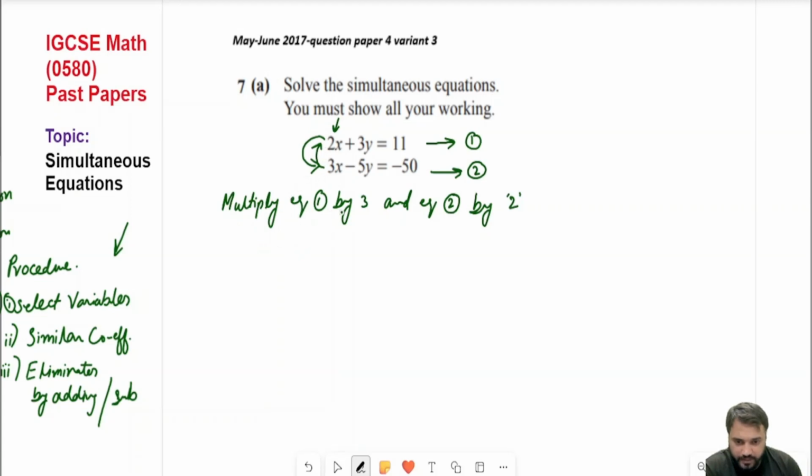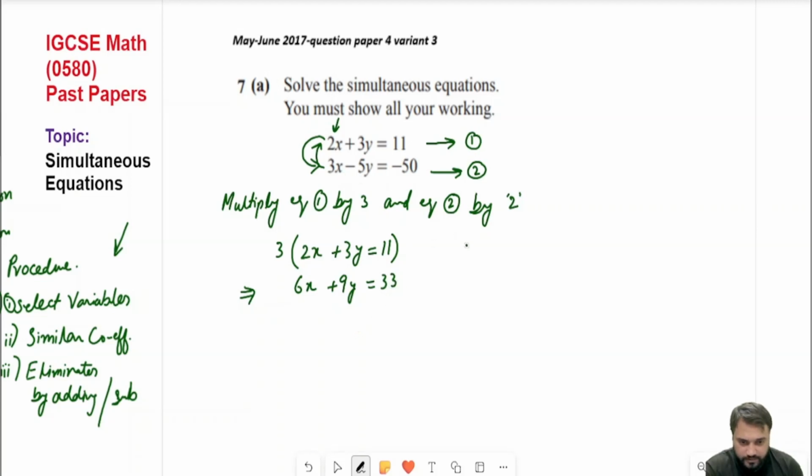So multiply equation 1 by 3. This is our equation 1 and I'm going to multiply by 3. 3 into 2x plus 3y is equal to 11. 3 2s are 6, 3 3s are 9y, 3 11s are 33.